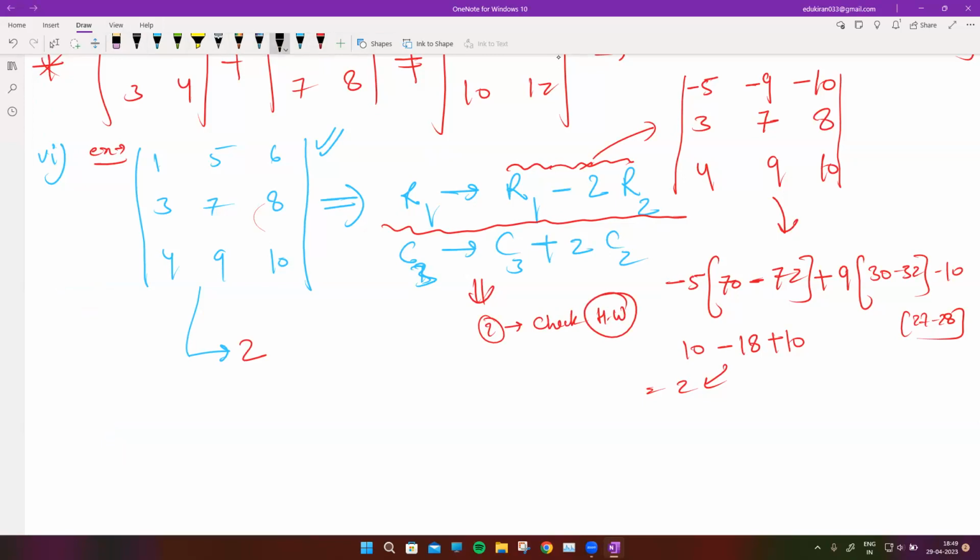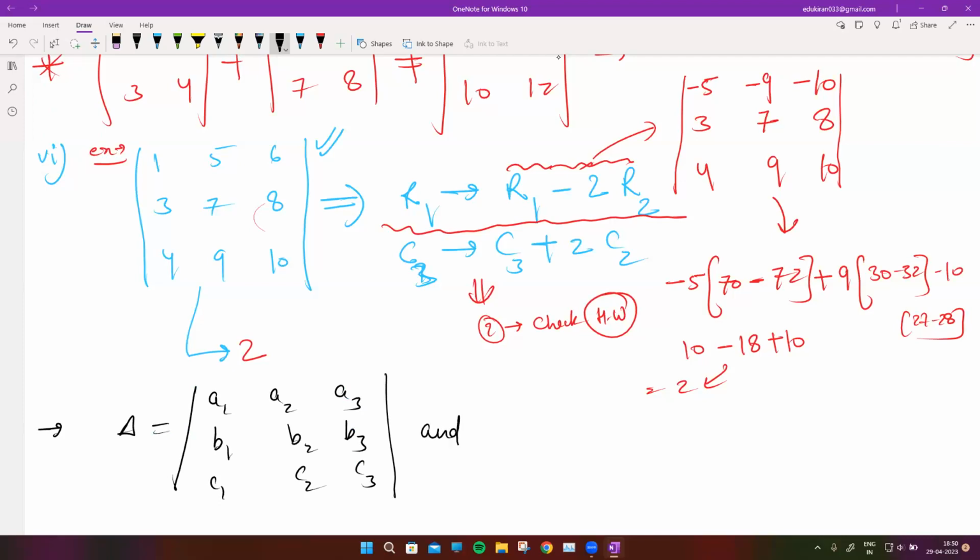So the property says, if there is a determinant which is A1, A2, A3, B1, B2, B3, and C1, C2, C3, and there is some delta, or rather call it delta dash, which is transformed as A1... or rather, sorry.